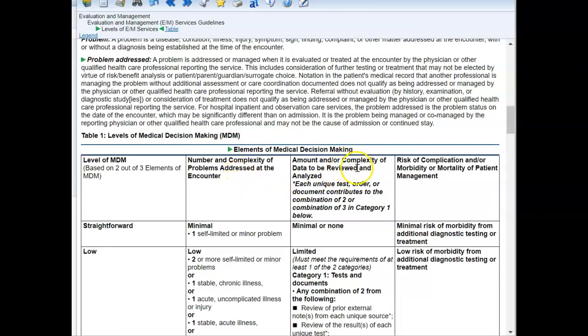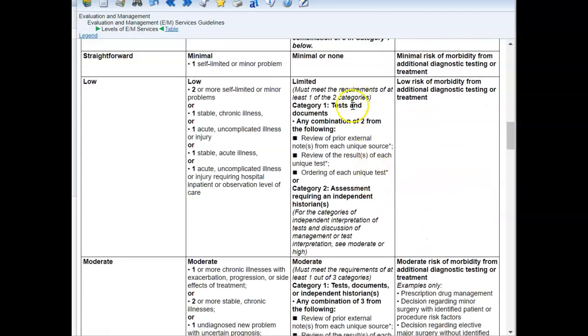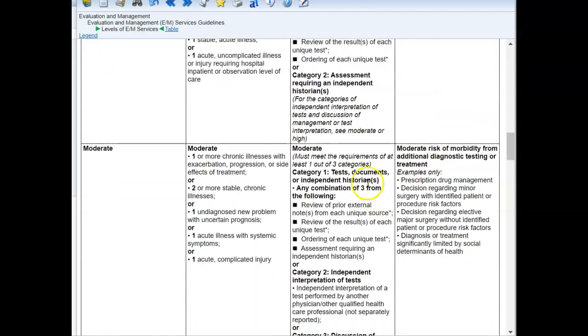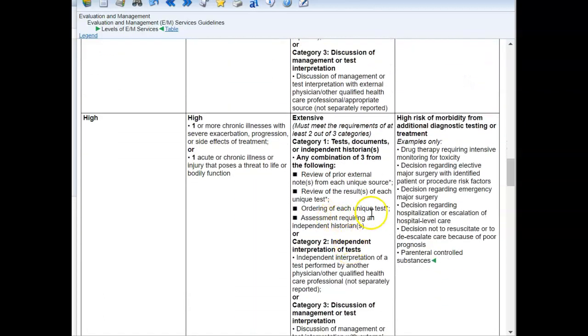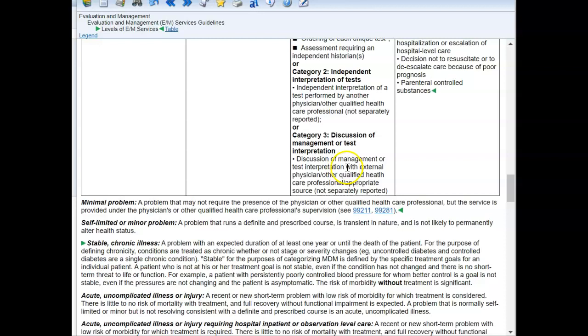Okay? Now let's go to the complexity of data to be reviewed and go through this chart again. What data was reviewed? Did they order a test? If they ordered a test or required an independent historian, that's going to put them up in the high, the extensive. All right.